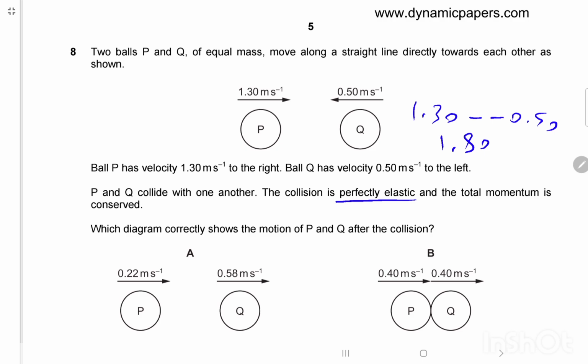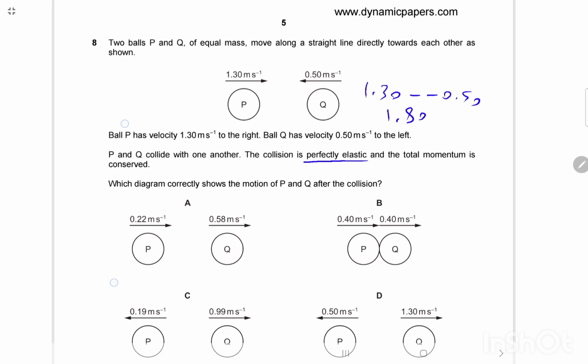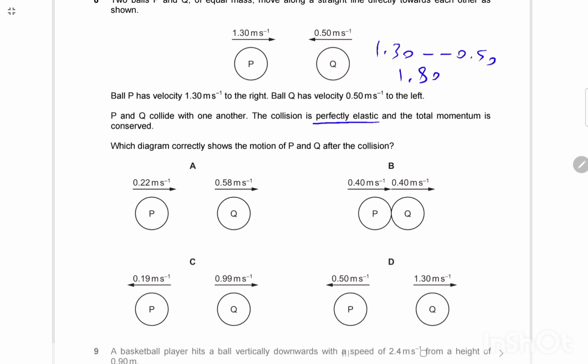So now let's see which one of the options has a relative speed of 1.80. Clearly option D is the correct answer, because here we also do the same thing. Speeds are in opposite directions. So if you find the relative speed of separation, you also find it exactly the same.